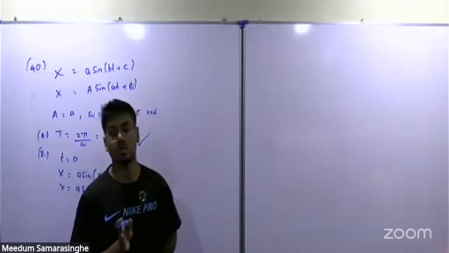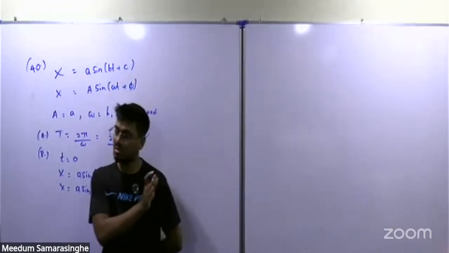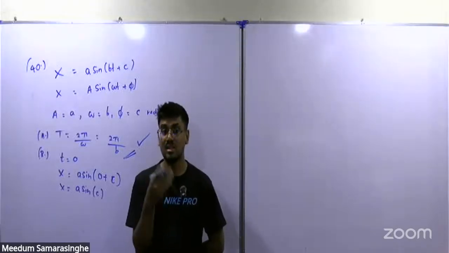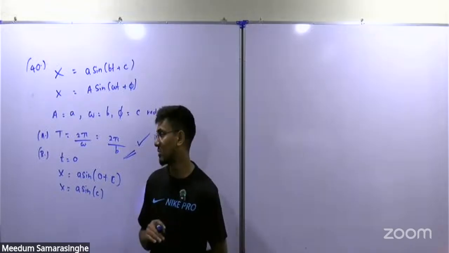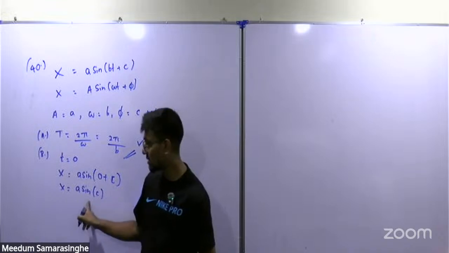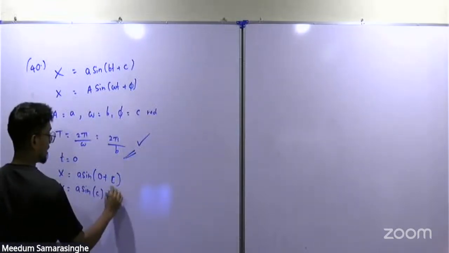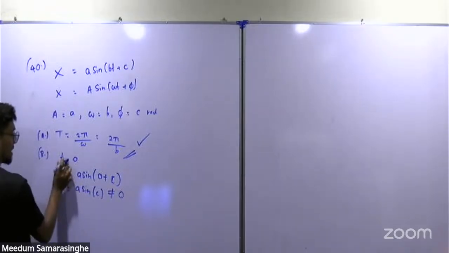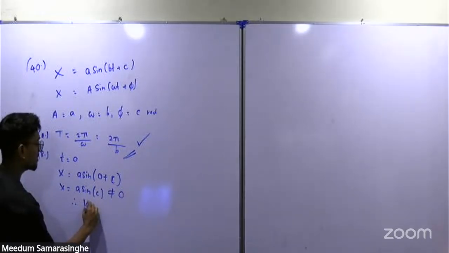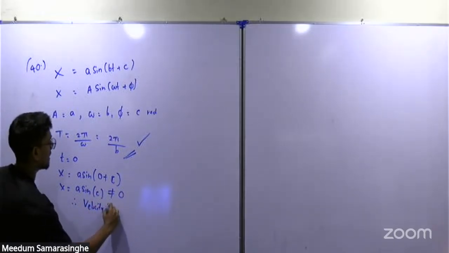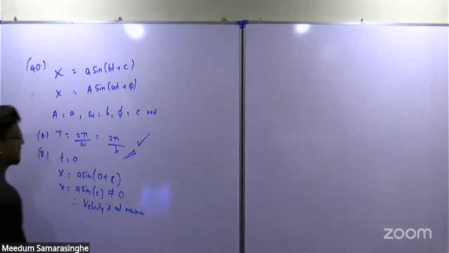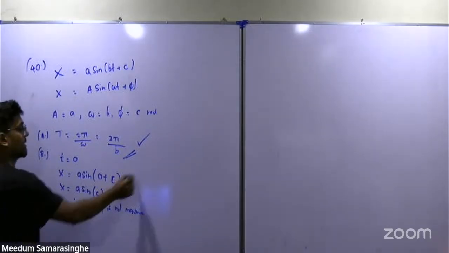The velocity is maximum at the equilibrium position and zero at the amplitudes. So if, when time equals 0, the displacement is 0, you can say that the velocity is maximum. But when time equals 0, the displacement is not 0. There is a particular value, a sine c, which is not equal to 0. Therefore, velocity is not maximum. There is a particular velocity which is not the maximum value. So statement B is wrong.